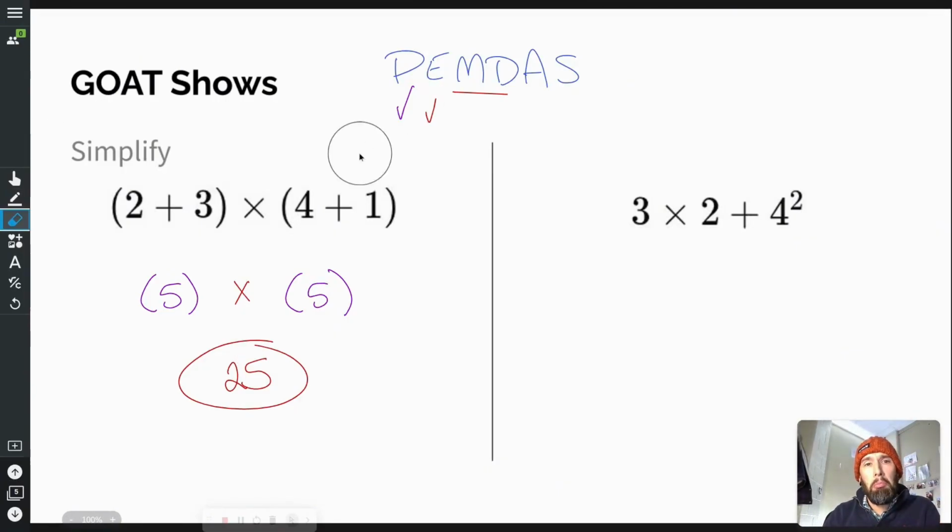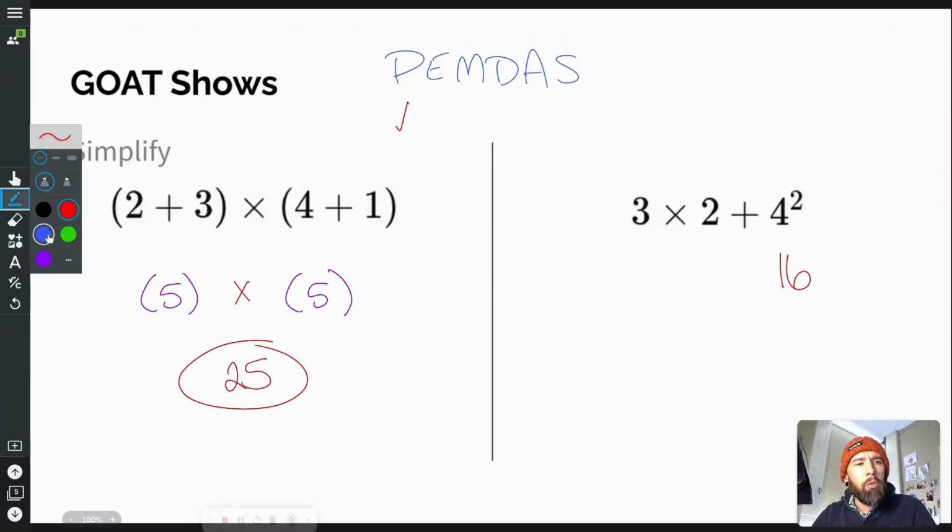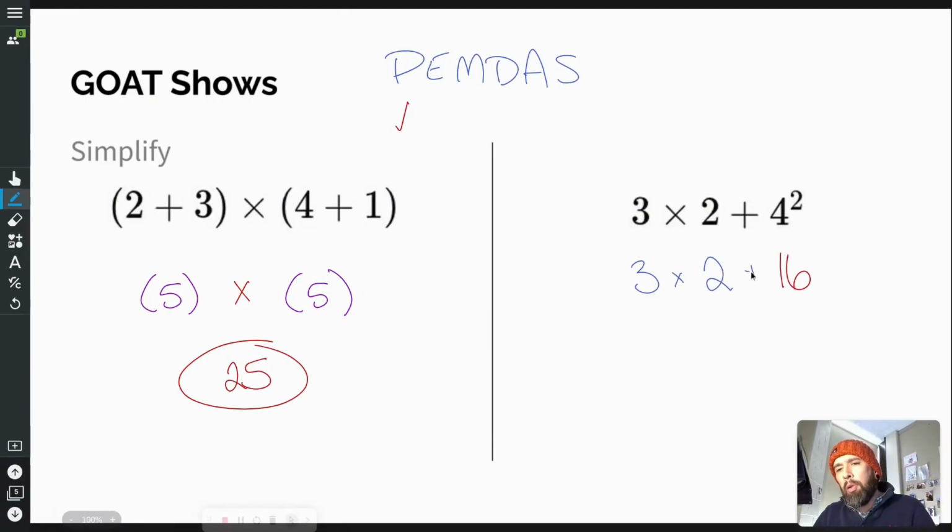Okay. Let's erase that old mess. Now I have 3 times 2 plus 4 to the second power. Parentheses? Nope. Exponents? Yep. I have 4 to the second power. 4 times 4 is 16, so I'm going to drop that down and make it a 16. Nothing else was touched yet, so 3 times 2 plus drops down.